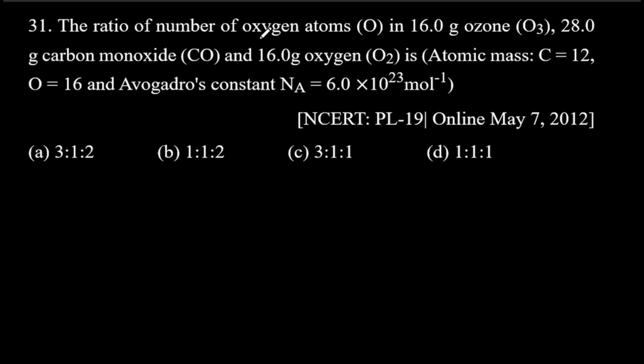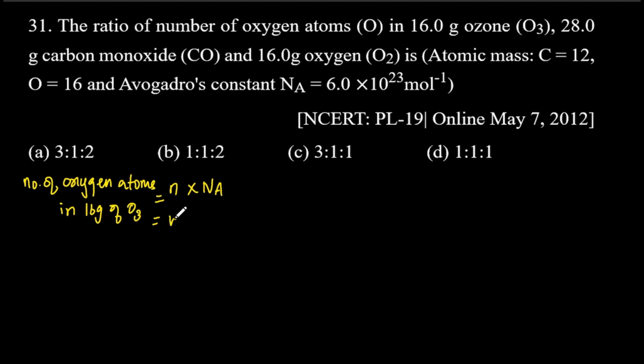The ratio of number of oxygen atoms in 16 gram of ozone, 28 gram of carbon monoxide and 16 gram of oxygen is? Number of oxygen atoms in 16 gram of ozone. Number of atoms is equal to number of moles into Avogadro number.